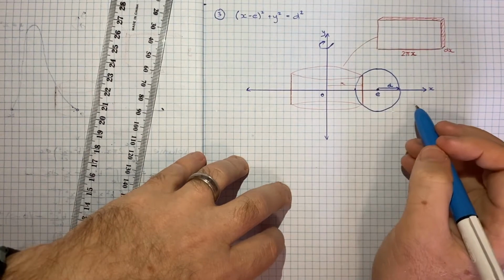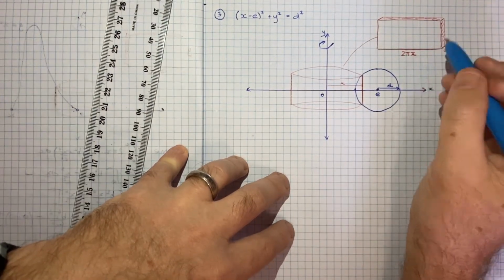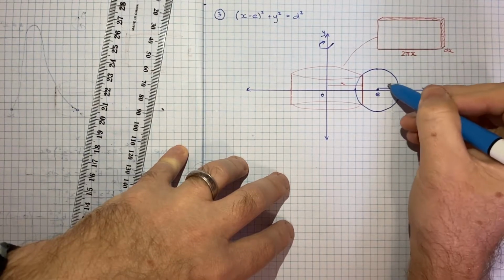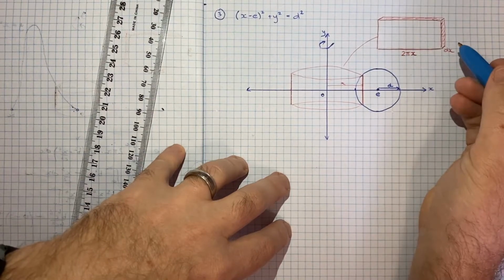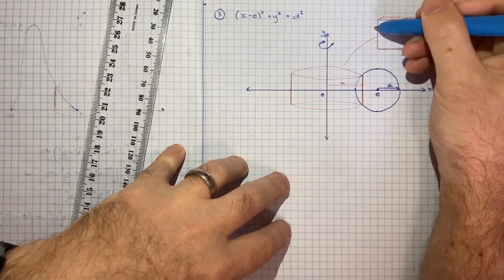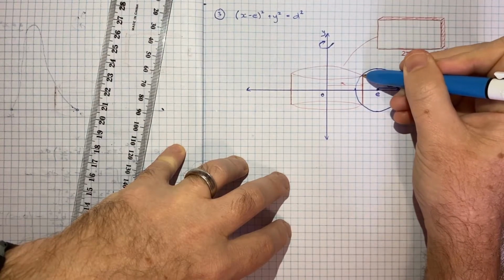I could see a lot of students here carelessly writing 2 pi d, thinking that d was the radius, but really it's x.